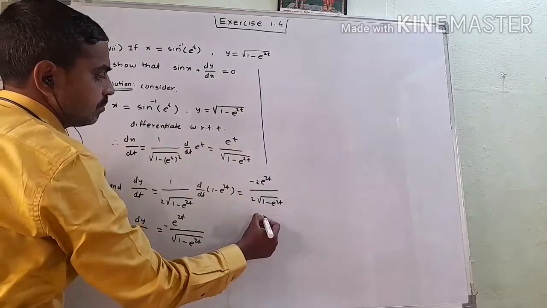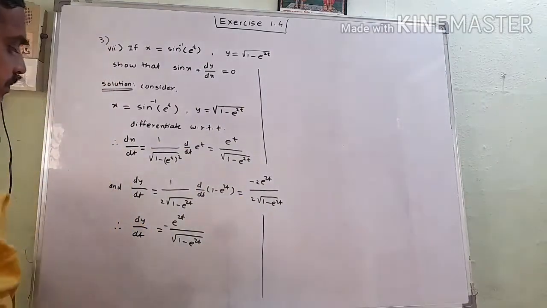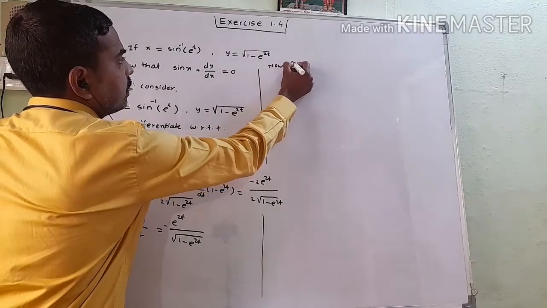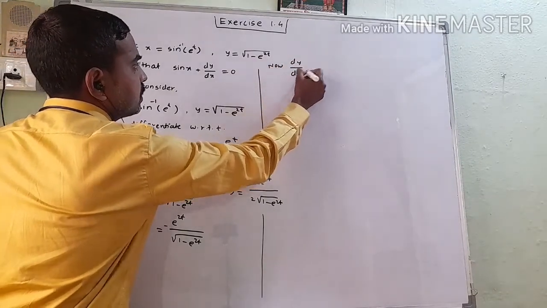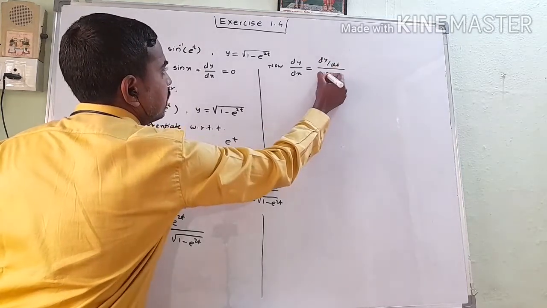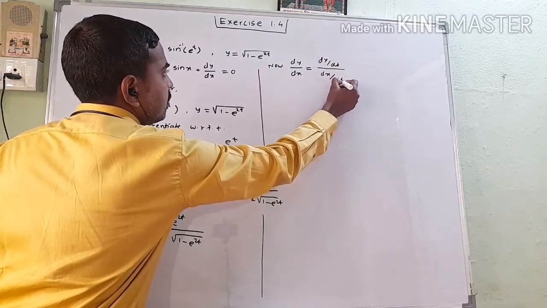Now by using the parametric formula, we know that the derivative of y with respect to x is dy by dt divided by dx by dt.